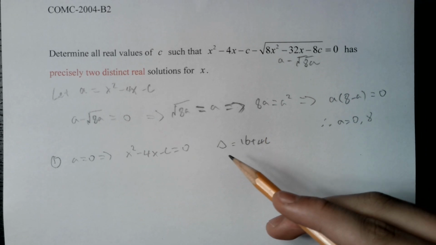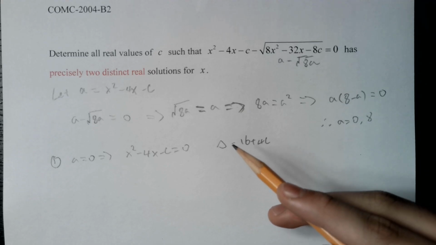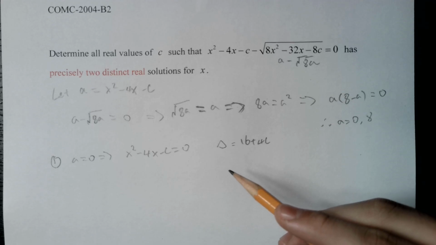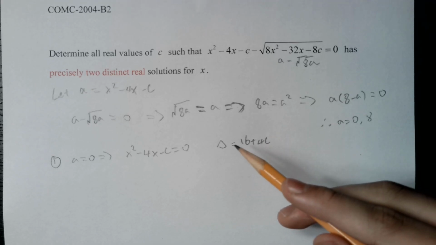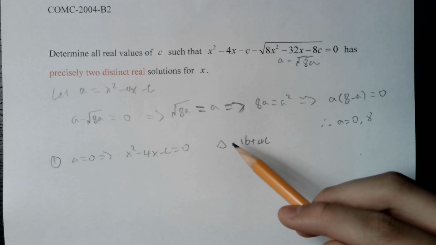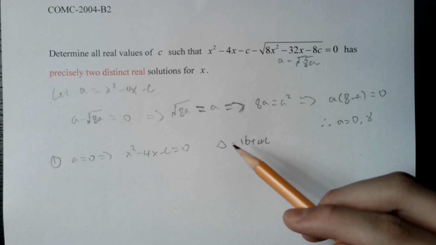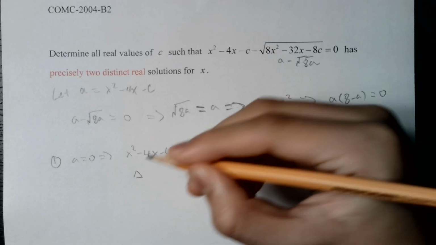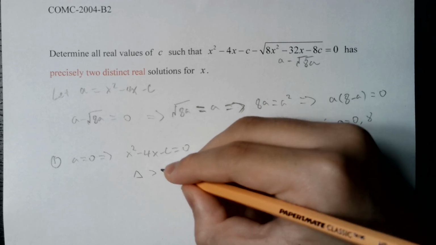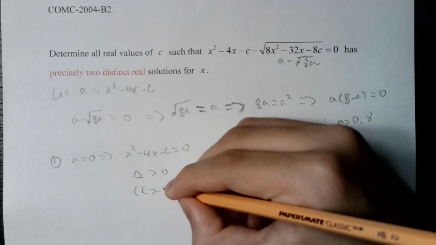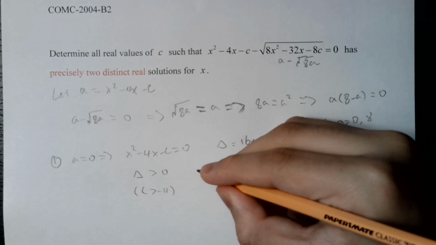The thing you really need to know about the discriminant is that if the discriminant is bigger than 0, the equation has two different solutions. If the discriminant is equal to 0, there is one solution, and if the discriminant is smaller than 0, there are no solutions. So from here, if the discriminant is bigger than 0, this means that c has to be bigger than -4, and there are two solutions.